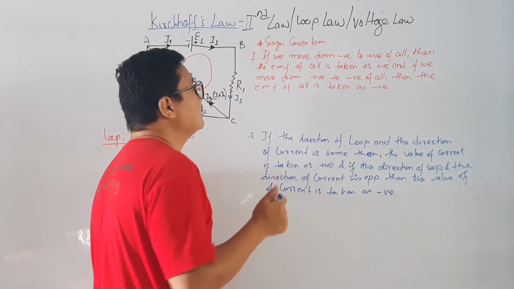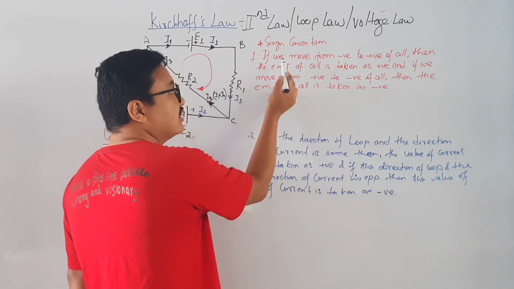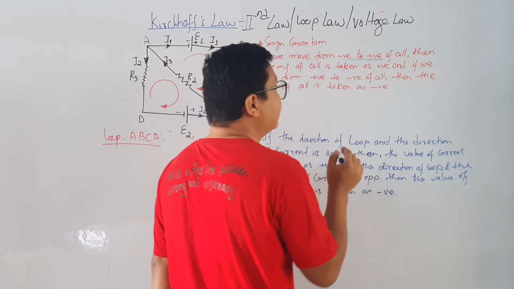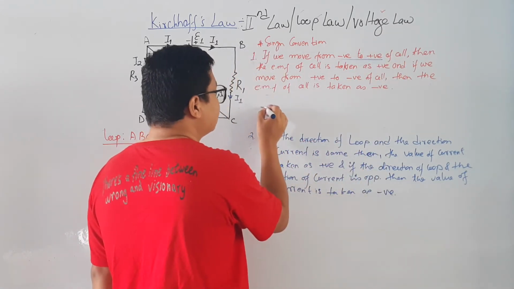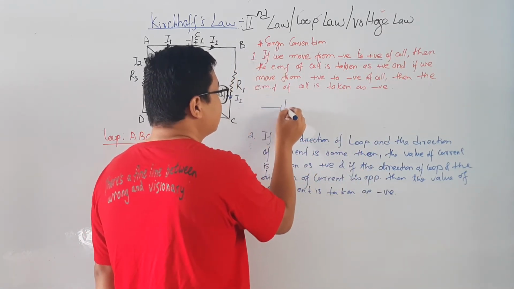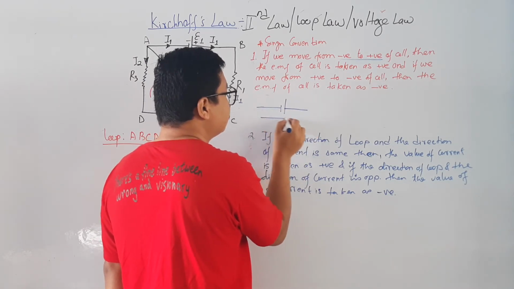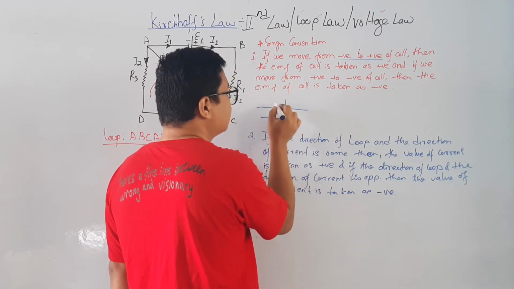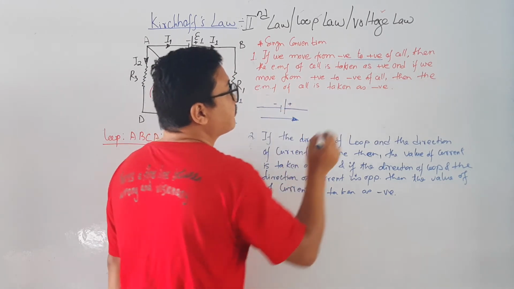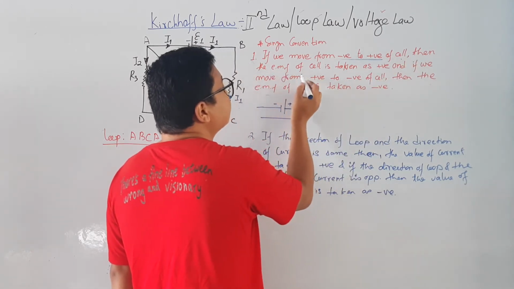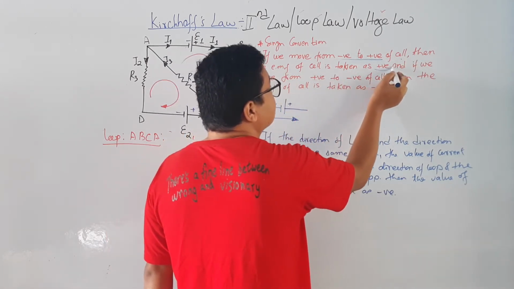If we move from negative to positive, it means this is negative and this is positive. If we move from negative to positive of the cell in this direction, then the EMF of the cell is taken as positive.